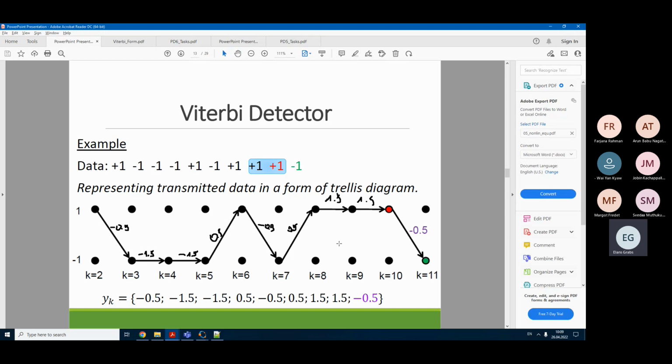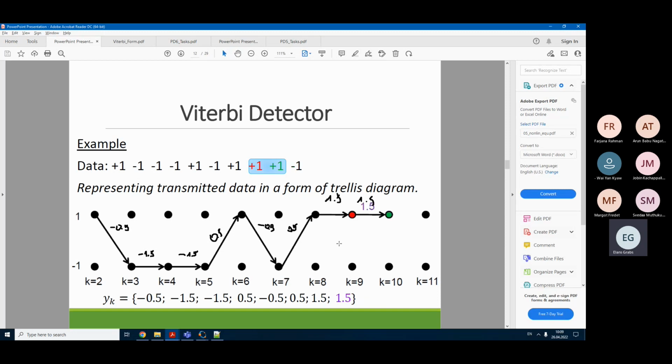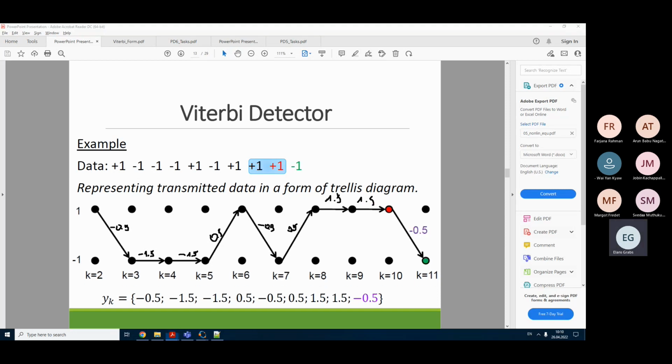Now, this is just a process of this. This blue should be marking like this. So I didn't really change anything in this slide. But okay, this shows how this data is being transmitted. Now we need to receive this data and equalize it.